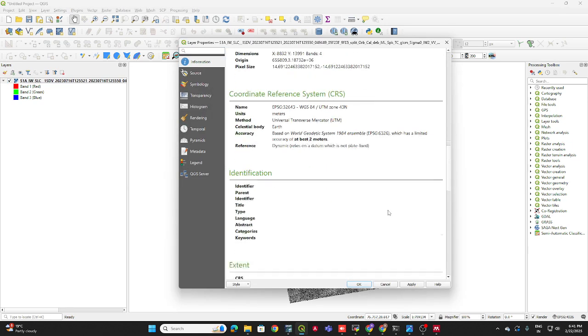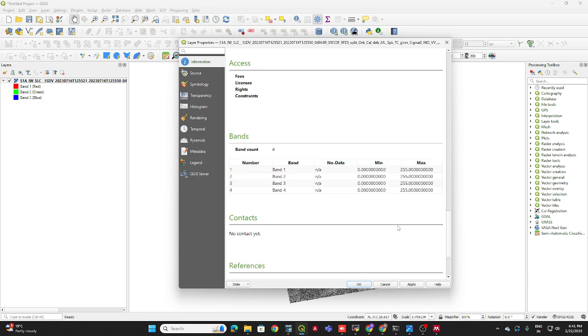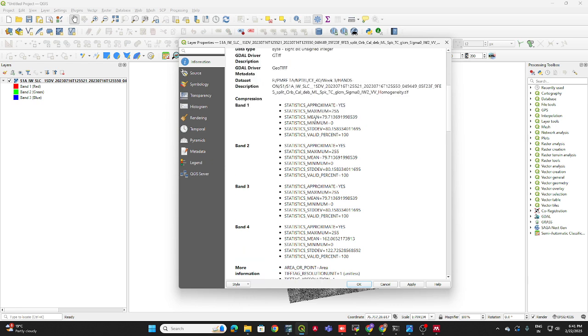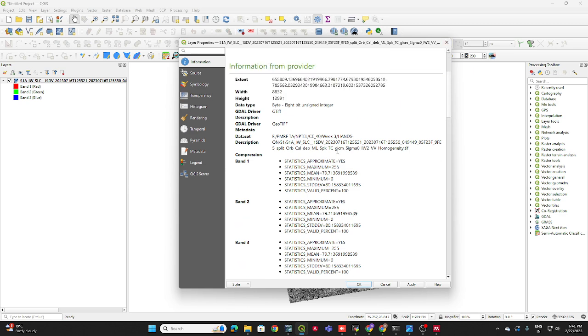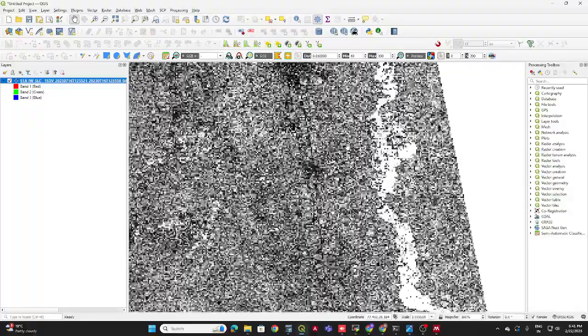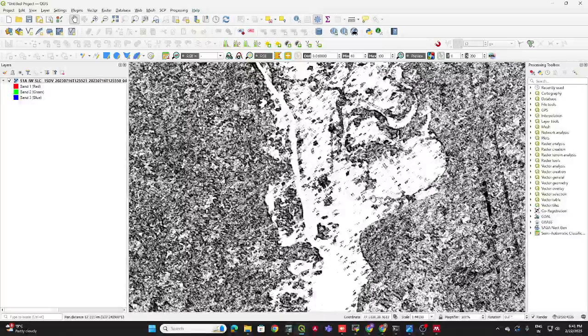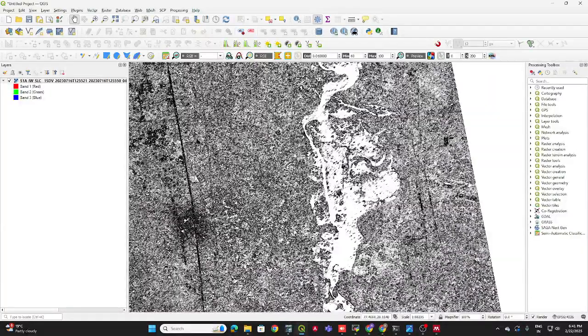It has the reference, all the bands came, and it has this mean, max, standard deviation, all these things. You can read it this way. And if you want to study homogeneity for this flood portion, you will take a subset of this and so on.